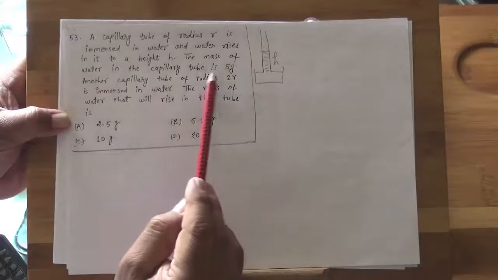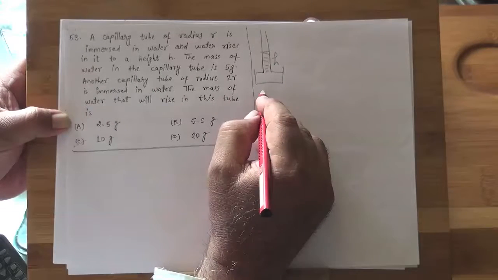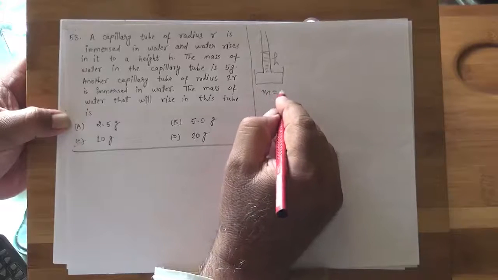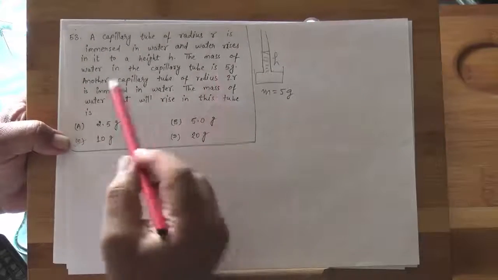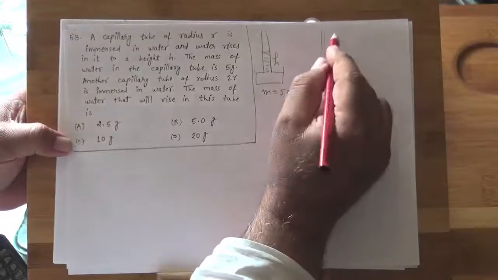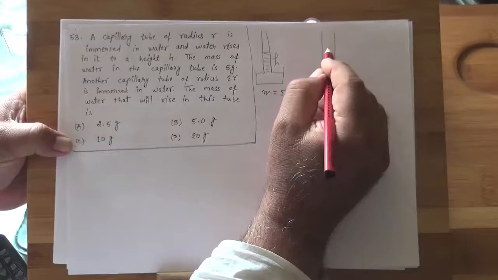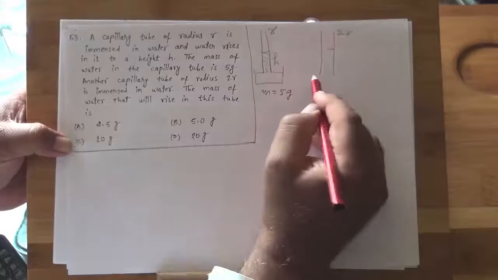Okay. And this water in the capillary tube is 5 gram. Another capillary tube of the radius 2r. ये हमने एक और कैपिलरी लगाई और इसका रेडियस r था, इसका 2r है.